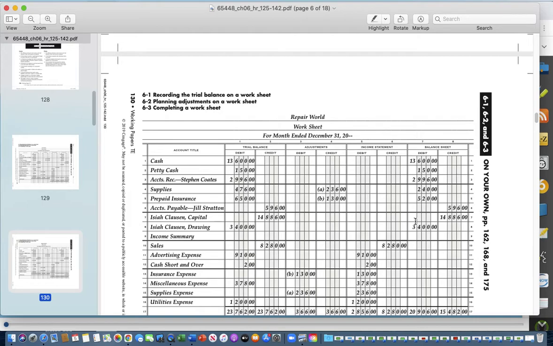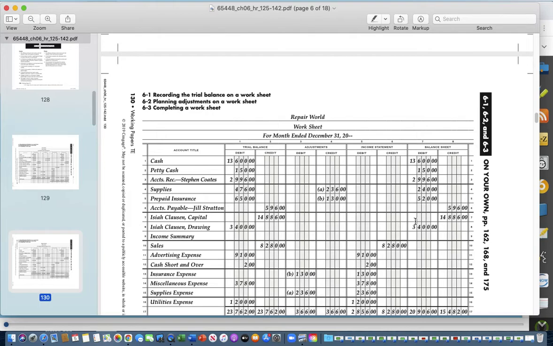The way we have it set up, everything above income summary is on the balance sheet. If you weren't using your book, think: the balance sheet ones are income summary and above. We put it in order: the 100, 200, and 300. Assets, liability, and capital.